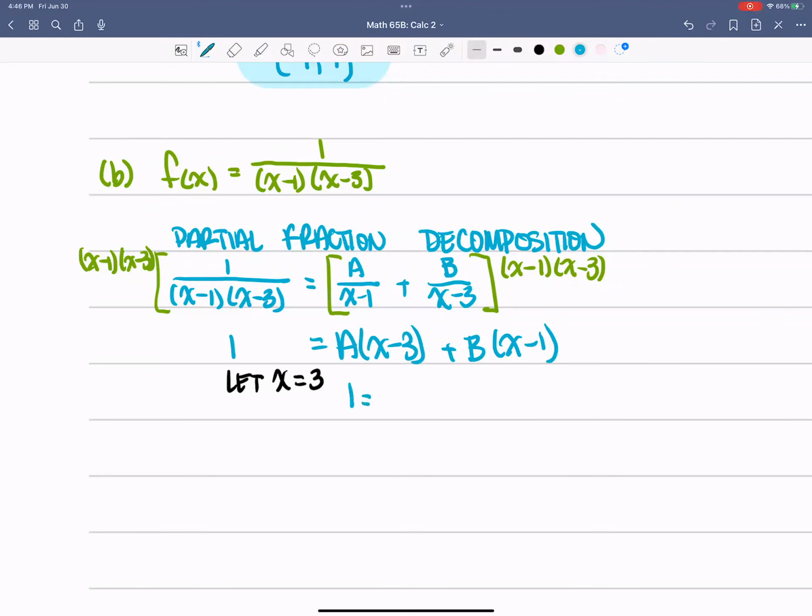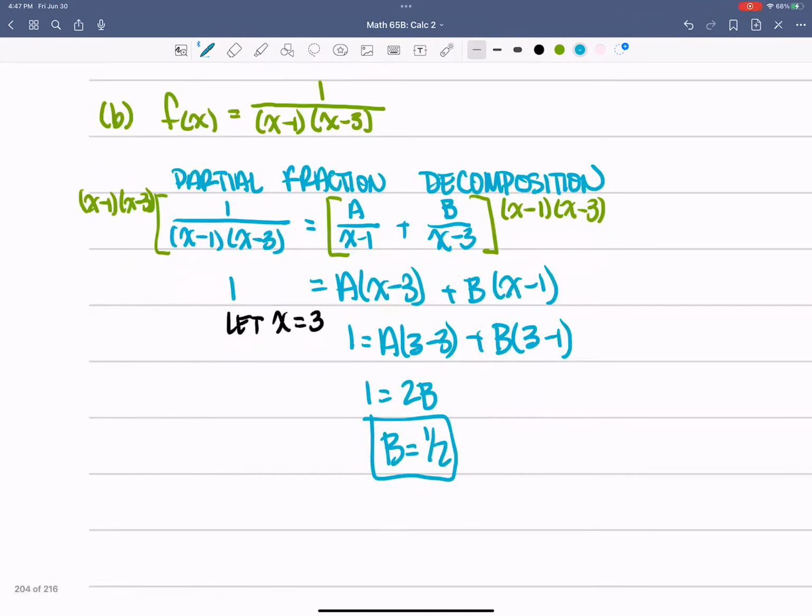So we have 1 is equal to a times 3 minus 3 plus b times 3 minus 1. 1 is equal to 2b, which means that b is equal to 1 over 2. So we have that value.